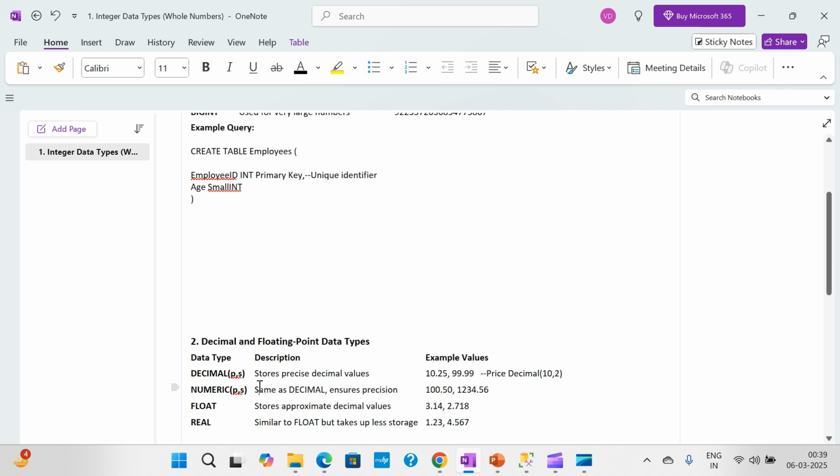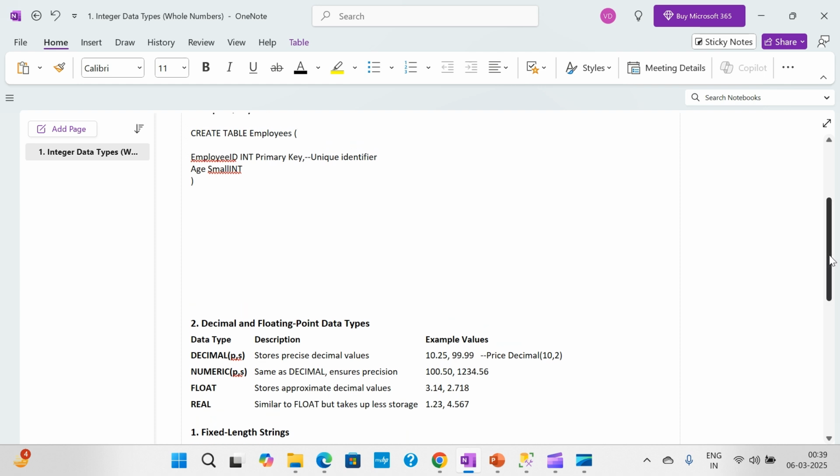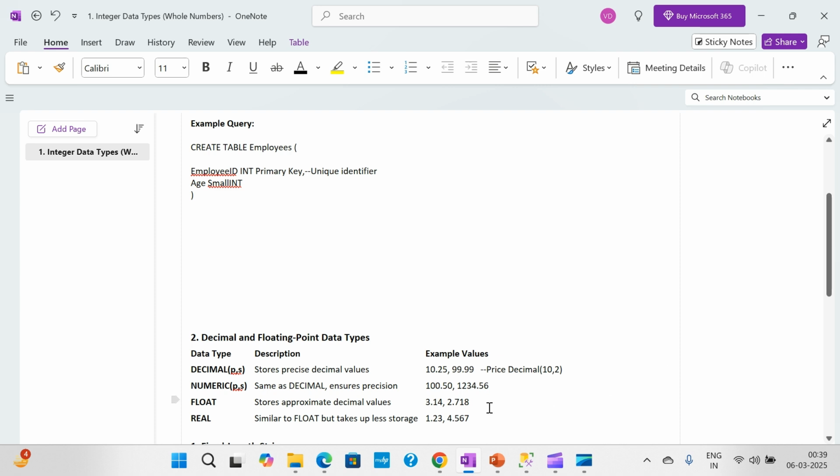NUMERIC is the same as DECIMAL, ensuring precision, and FLOAT stores approximate decimal values. Sometimes a value like 3.1167 is converted into 3.14. REAL is similar to FLOAT but takes up less space.